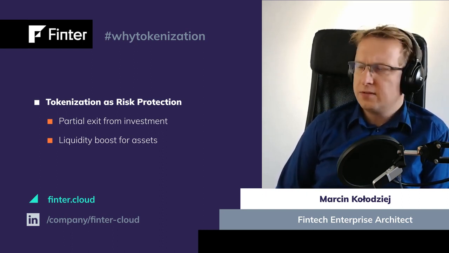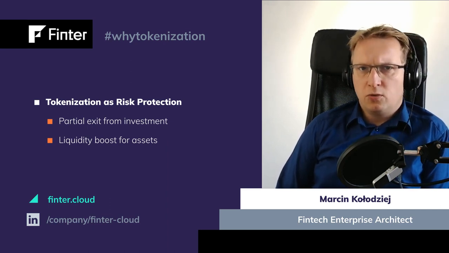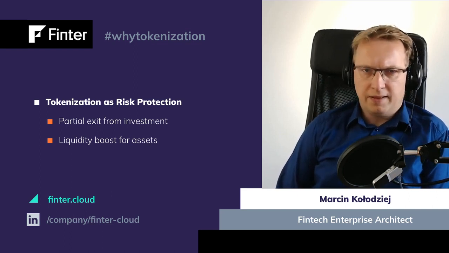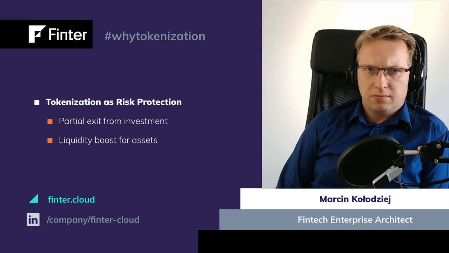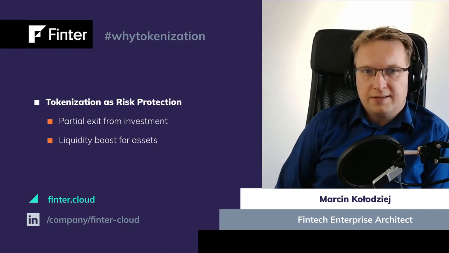Perhaps sometimes I would like to only decrease my exposure to this given asset, but still keep part of it. And it might be hard to sell a big stake and find a buyer for a big stake in some startup or real estate.